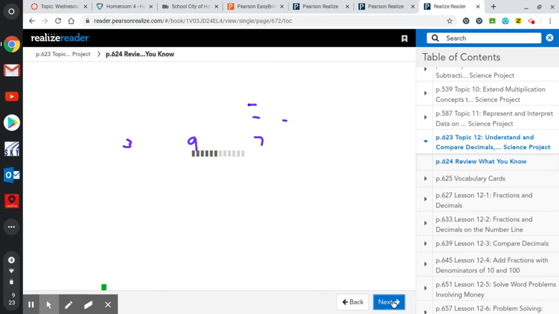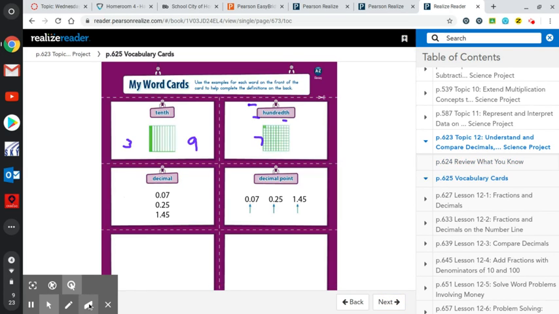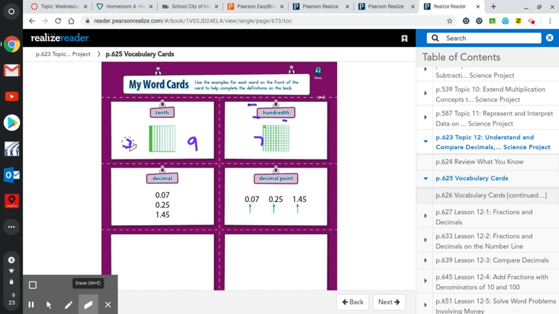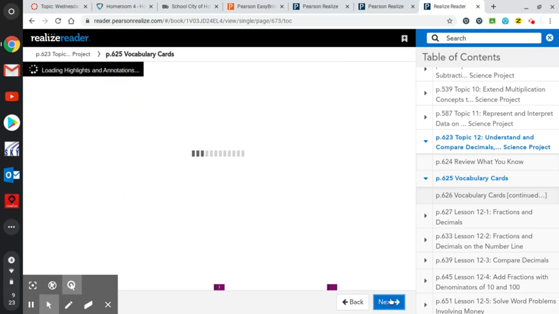I'm going to go to the next page. I'm going to go past these two.